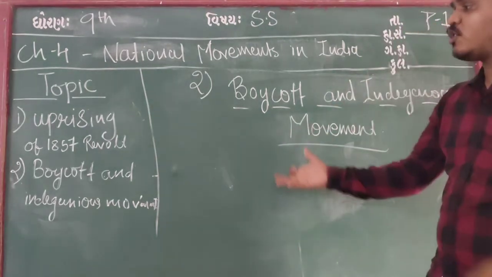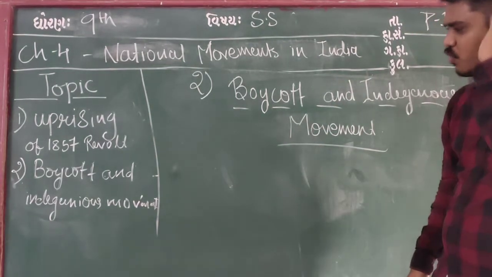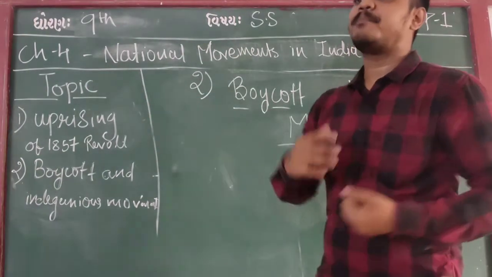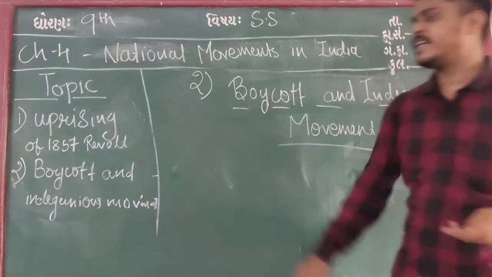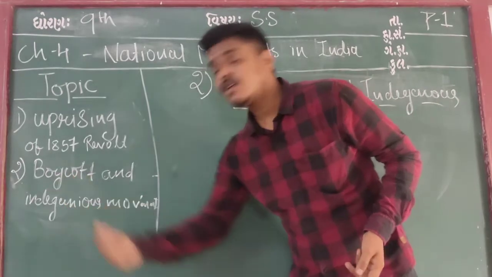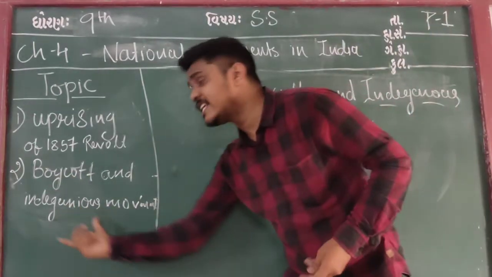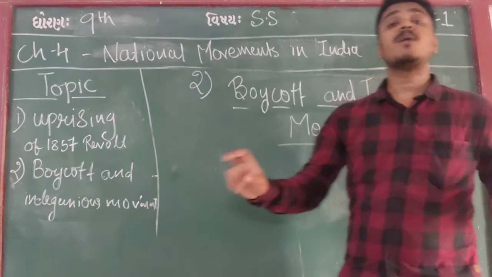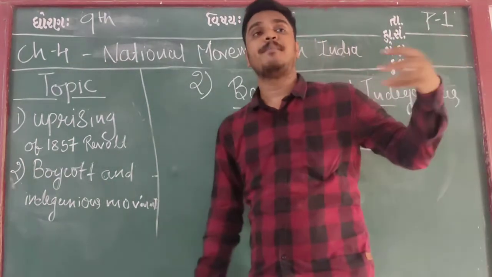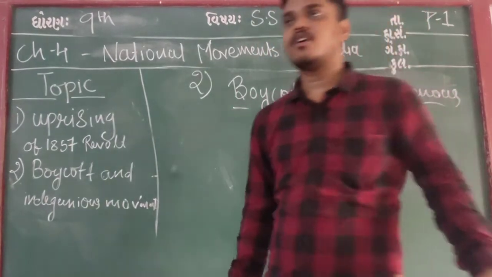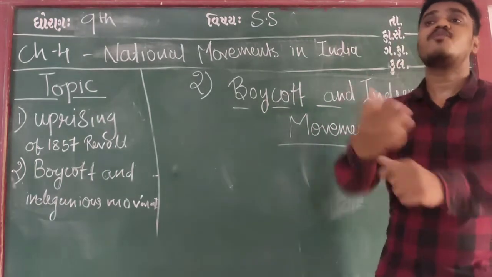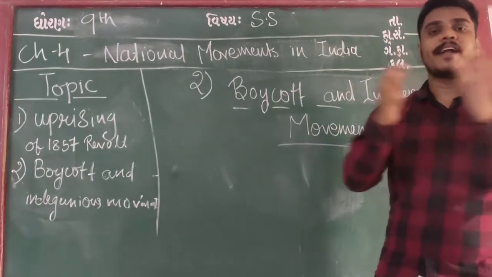The main rising of this movement was boycott. This was to resist something and avoid being part of that thing. It's called boycott, and indigenous means natural products, natural things. So what was boycotted at that time and what was accepted? Natural, Indian products were accepted, and foreign and British products were not accepted. Why? Because the main reason was divide and rule.